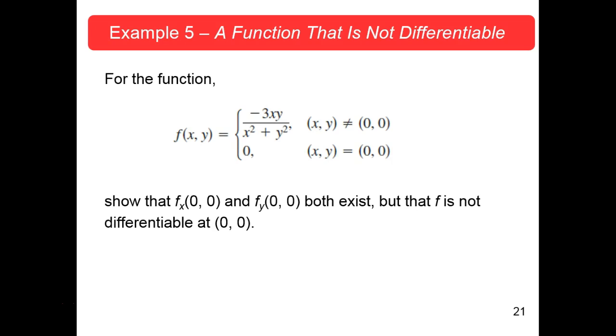If you let the delta x not be 0, then this would be 0 over something not 0, because it would be delta x squared plus 0, which is something not 0. But the numerator is 0, so that means your partial of f with respect to x, by the definition, would be a 0 over a non-zero there, minus this value, 0. That would indicate that the partial there is 0.